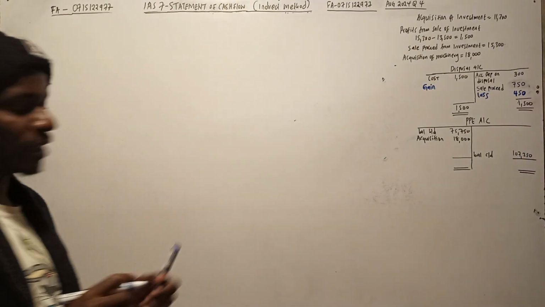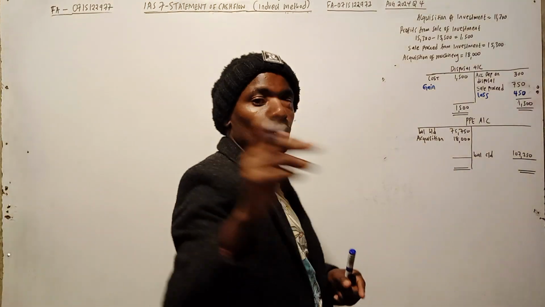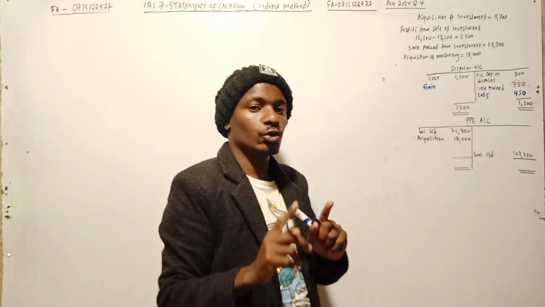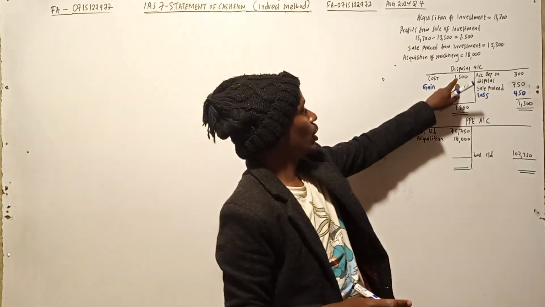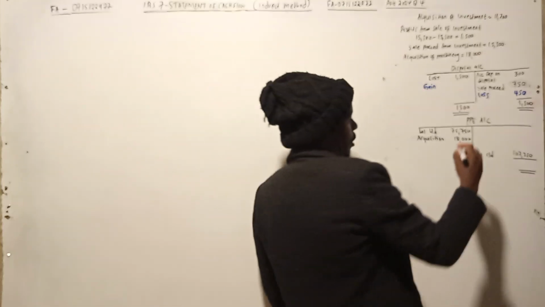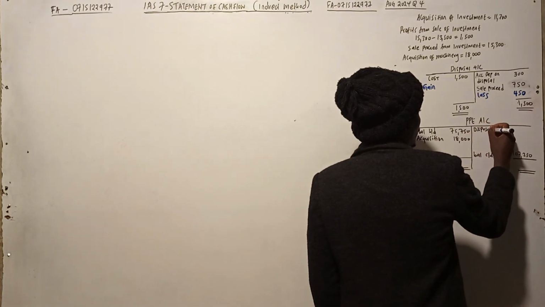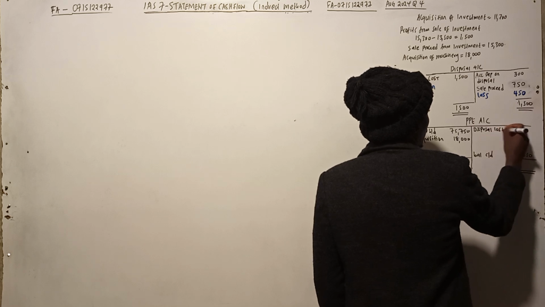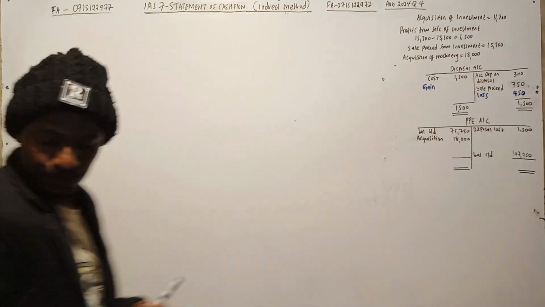Another item which affects this account is the cost of the disposal. The item that was disposed had a cost of 1,500. So we say disposal cost 1,500. Now we can balance this account.